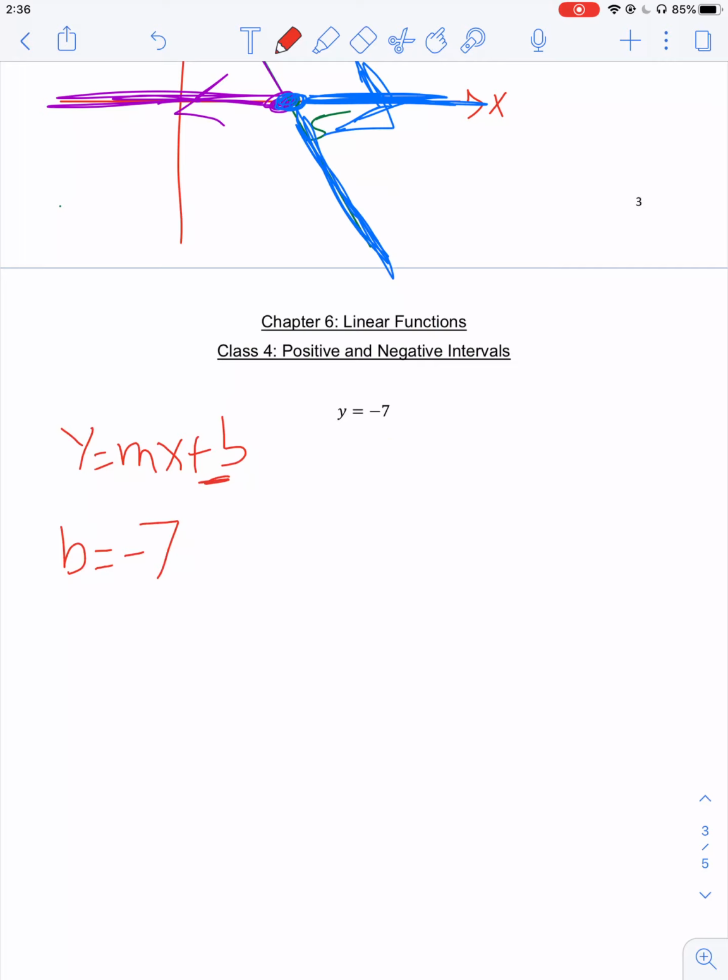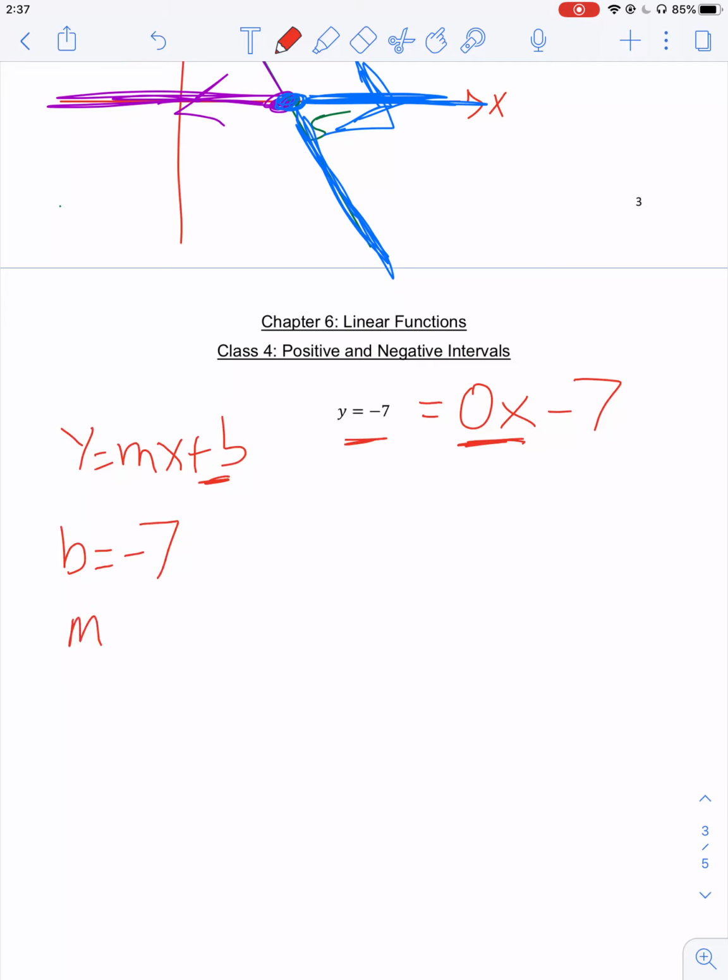Your b value is -7, but you don't have any x's. That's because if I were to rewrite this, this function is actually 0x minus 7. But because it's 0x, this disappears, which only leaves you with -7.